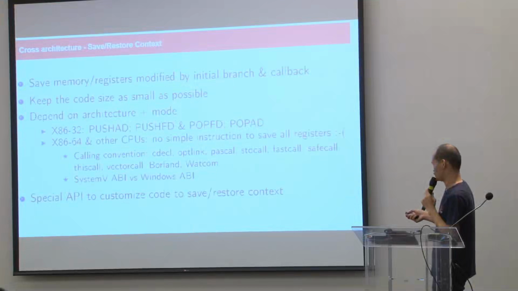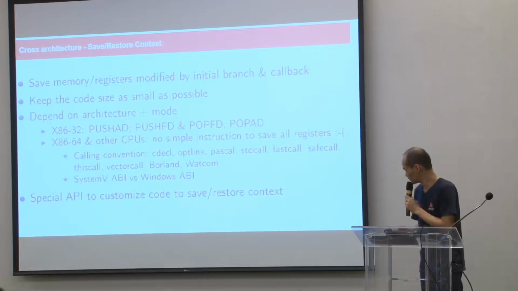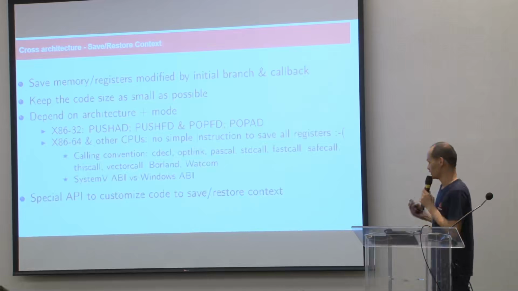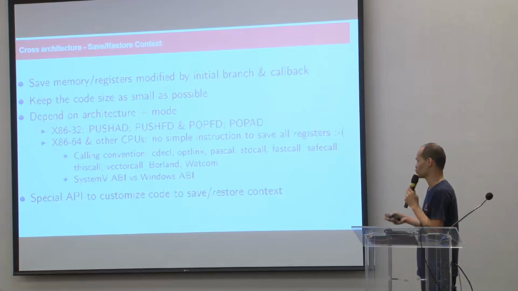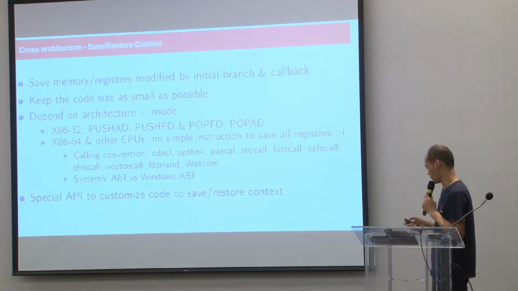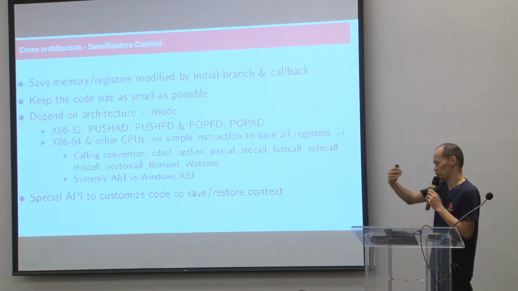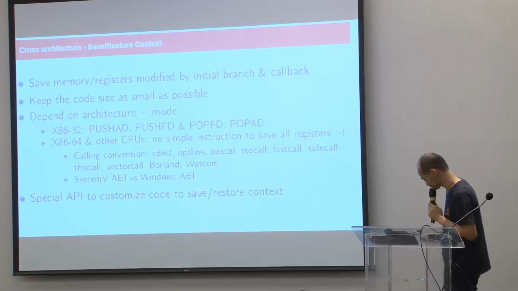And we have an instruction to save the EFLAGS register. For other CPUs, it is not that easy, because even on Intel 64-bit, ARM64, MIPS or PowerPC, there's no such simple instruction to save all the registers. So we did many kinds of optimization here to keep the code as small as possible and only save the registers that we really need to save.